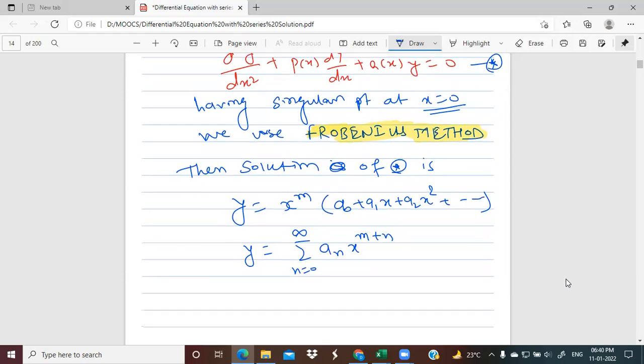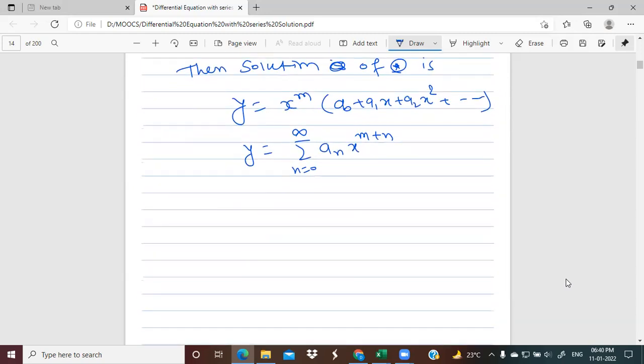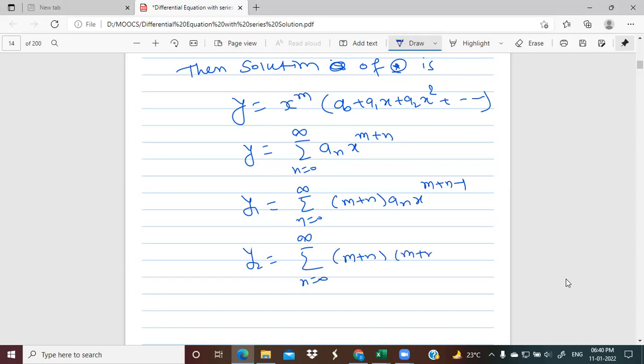Now in this method, how to find the solution? To find the solution, again we have to find y1 and y2. y1 is summation a n into m plus n into x power m plus n minus 1, and y2, the second derivative, is summation a n into m plus n into m plus n minus 1 into x raised to m plus n minus 2.